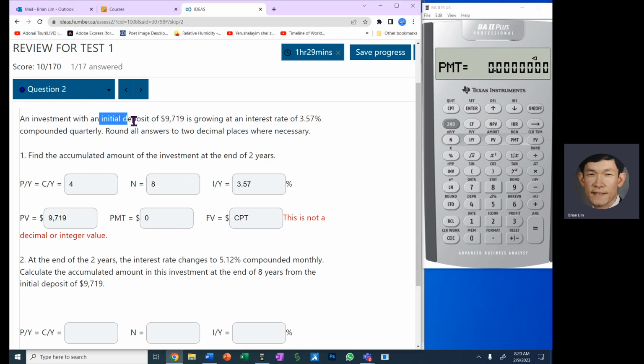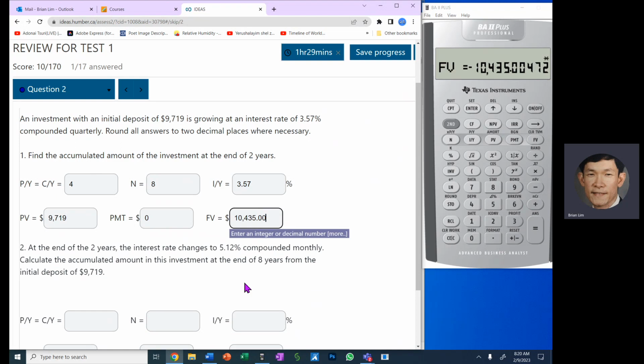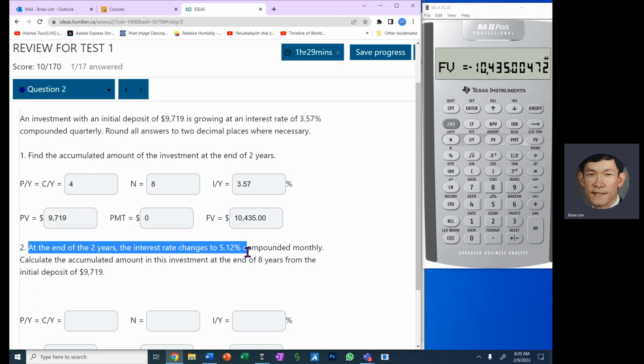It's just one deposit, an initial deposit. And then we compute the future value, and that is the answer we get. 10,435.00.